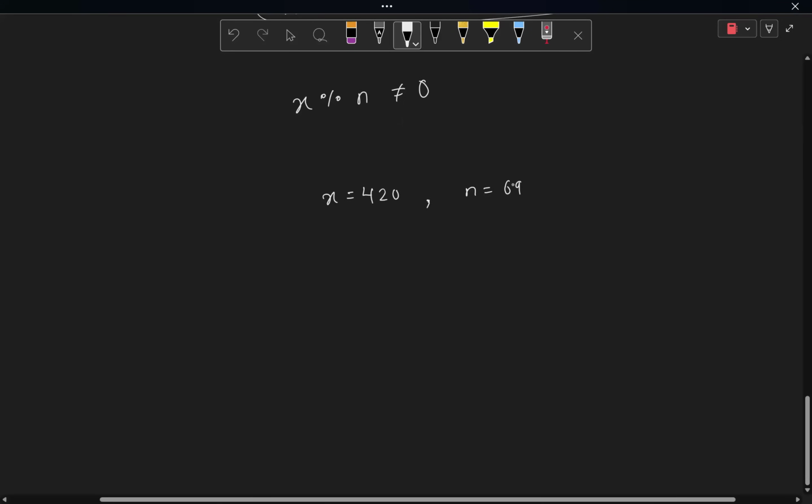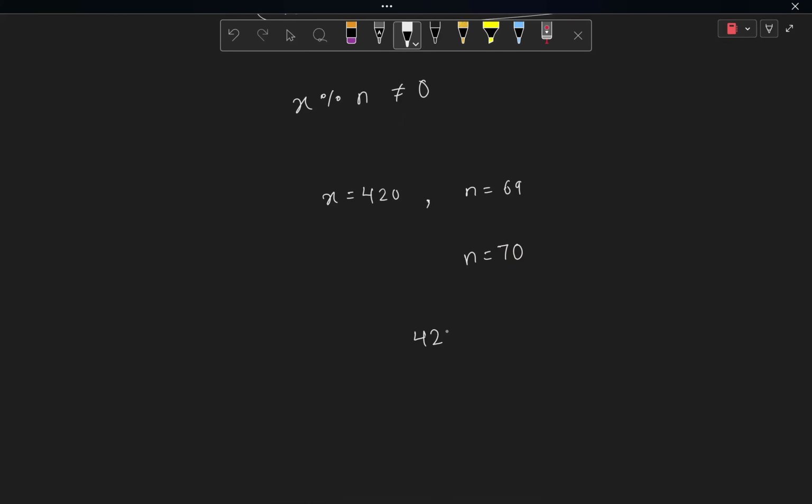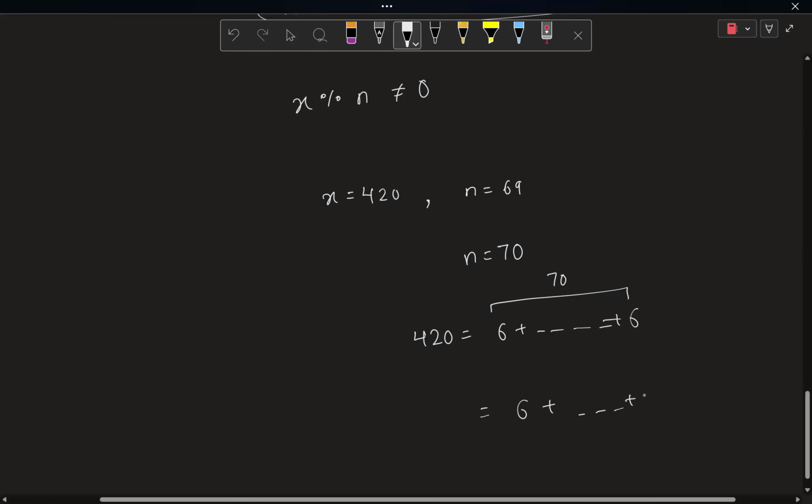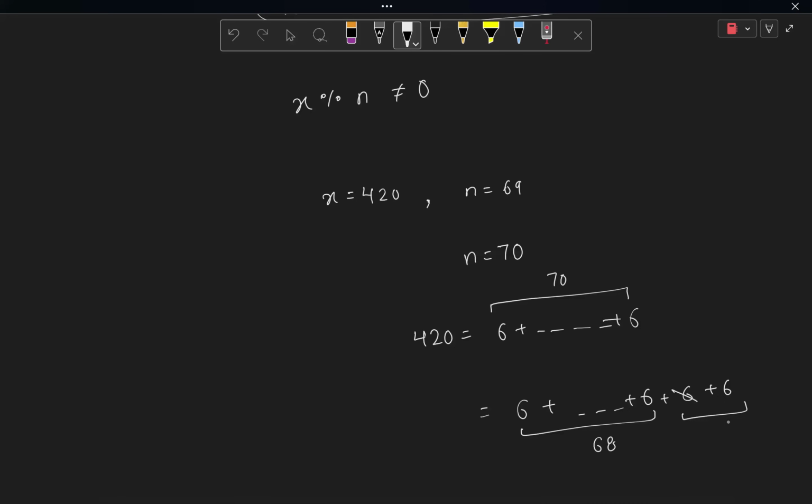Whatever you could get for n equal to 70, where 420 was equal to 6 plus and so on, you can get the same answer for n equal to 69 as well. Instead of having 6 coming up 70 number of times, you can have 6 coming up 68 number of times, and for the last two sixes you can just have them as 12.